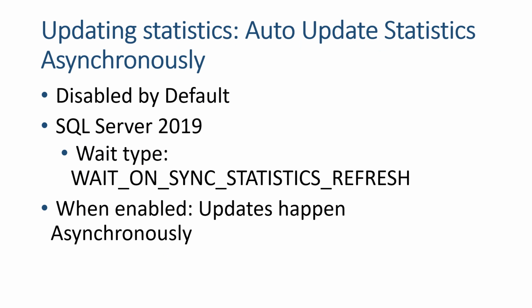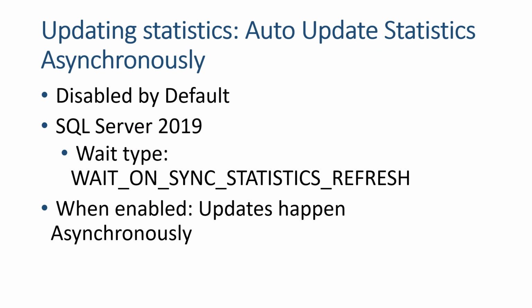Now, in our previous slides, I told you that I will be discussing the auto update stats asynchronously option, like what will happen if we turn it on. By default, it is turned off. Usually, when auto update stats is turned on and we hit the row modification counter, it will go ahead and update the stats.